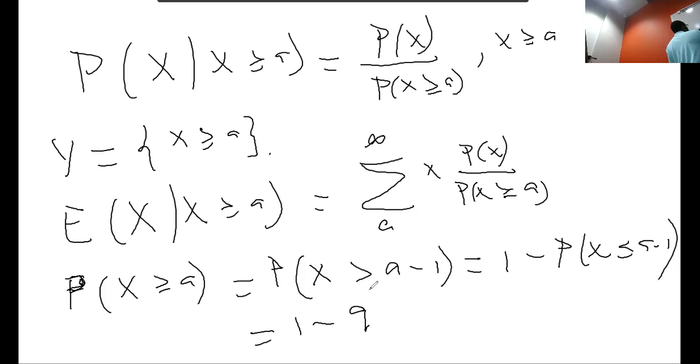But we want to know what is F of a in general, or what is F of x? It is the sum from 0 to x of u to the power k.